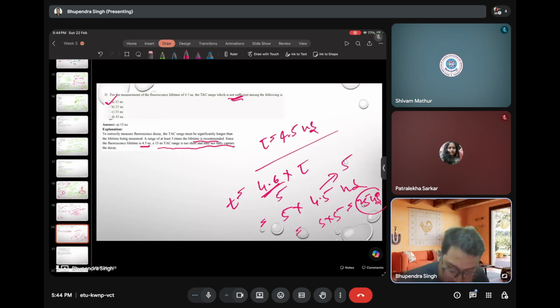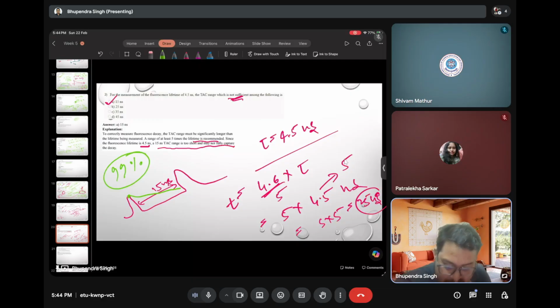What will happen in this case? Let's say a pulse is coming, and another pulse after 15 nanoseconds. Here it is exciting, and it is decaying. But before fully decaying, before 99% of your excited molecules come down to the ground state, another pulse is coming and exciting your sample.